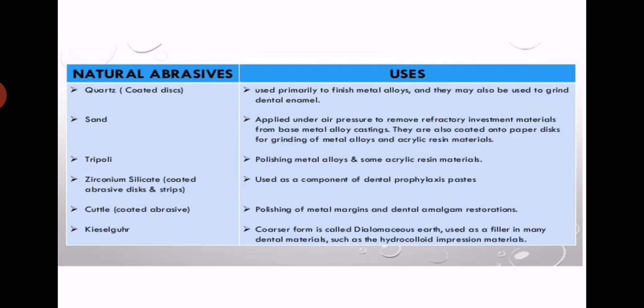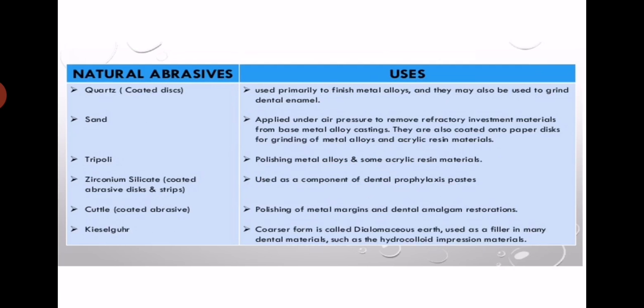Next, sand is applied under air pressure to remove refractory investment materials from base metal alloy castings, and is also coated onto paper discs for grinding of metal alloys and acrylic resin materials.